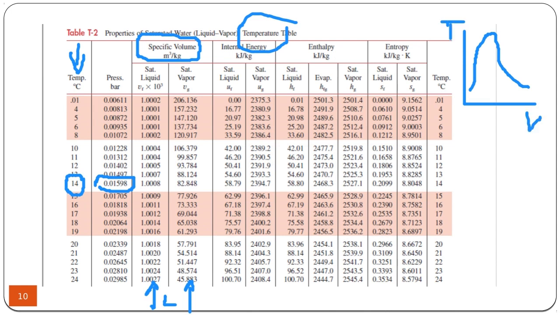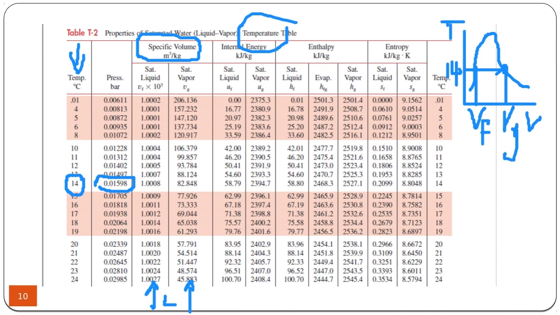So if you are using 14 Celsius, let's say this is 14 Celsius, the first value here is provided as Vf, and when it becomes a saturated vapor, the second value is given as Vg.